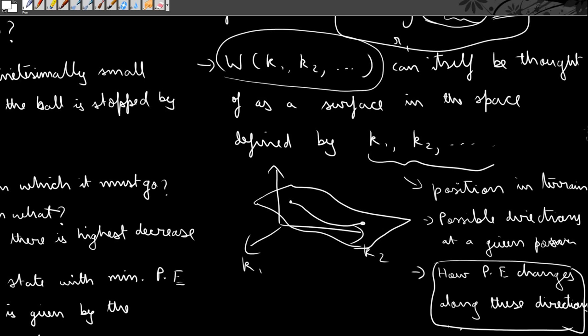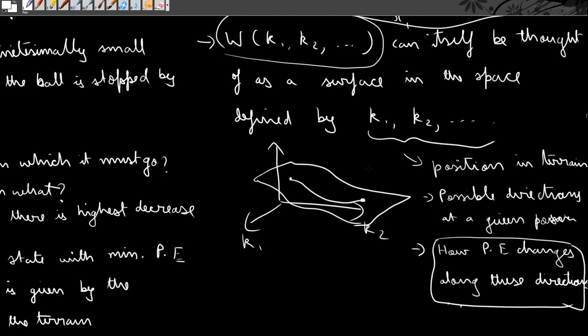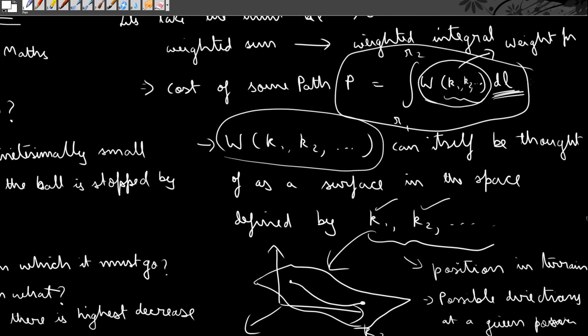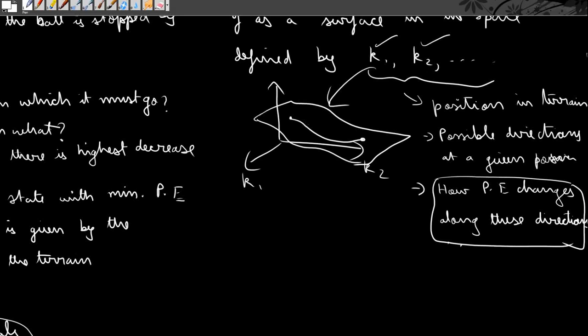And as we traverse a particular path, we are basically in turn traversing through some particular sets of k1, k2 dot dot dot, which in turn corresponds to a particular path in this surface. And this particular integral basically denotes this total length.